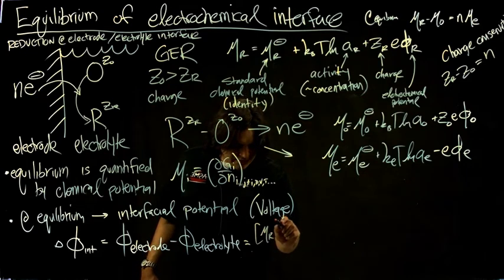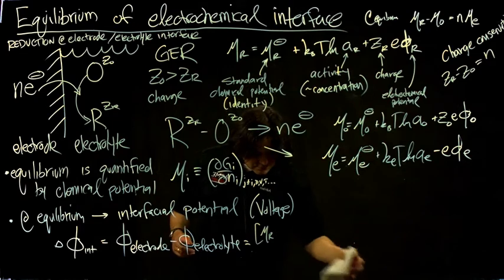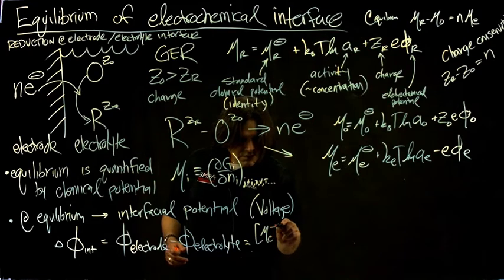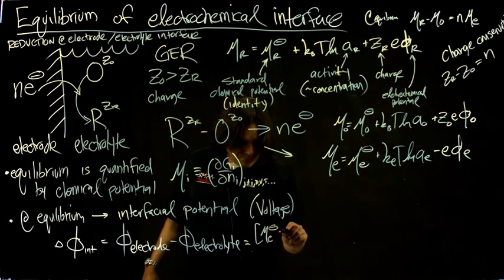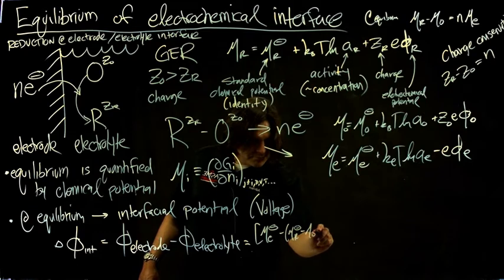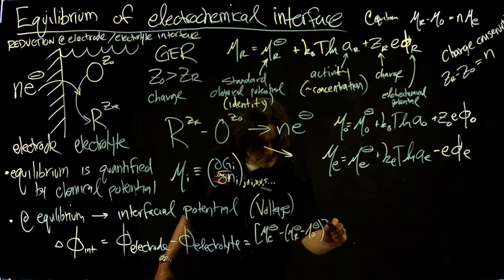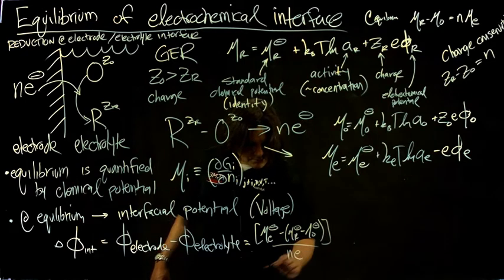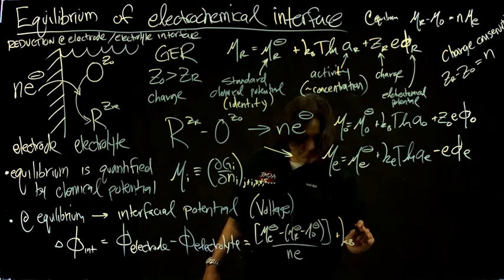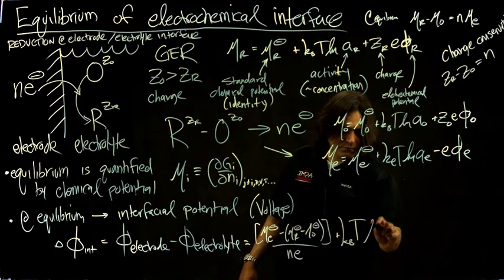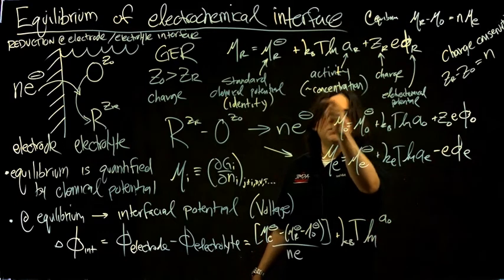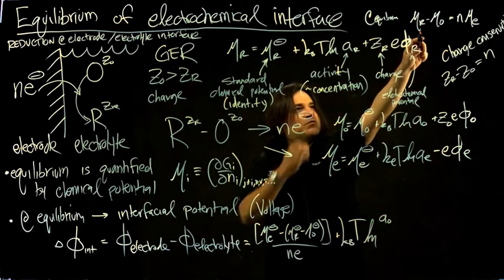the electron standard minus the reduction standard, and then what you get is a ratio between these because you combine them this way.